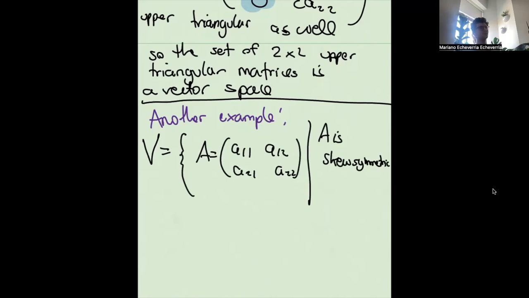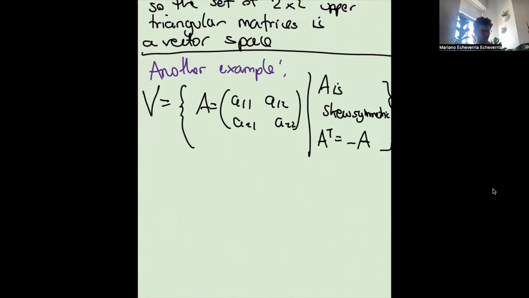I think I had told you the definition of a transpose earlier on when we talked about the determinant, but skew symmetric just means that A transpose is minus A. So here, instead of looking at all 2 by 2 matrices, we're just looking at those 2 by 2 matrices where the transpose equals minus A.